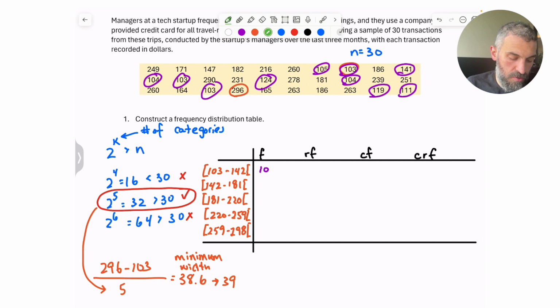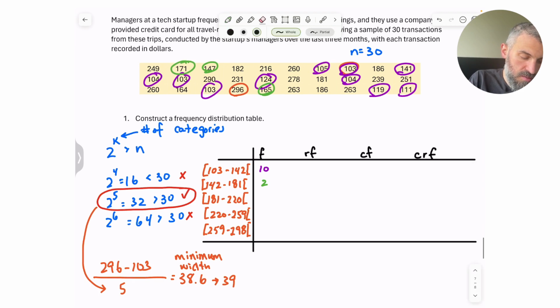Then I'll change the color. So 142 to 181. 142 to 1. So 1 there. 2. So the 181, we're not going to count it, right? That's part of the next category. So it's still 2. Okay, I only have 2. Great. Let's go with the next one. 181 to 220. Oh, no. Let me backtrack. I just saw the 171 there. So we've got 3.